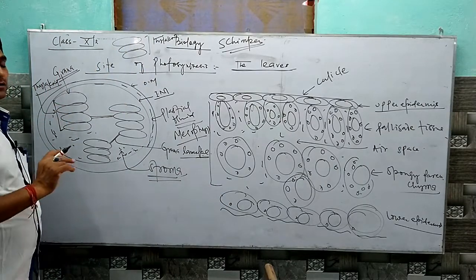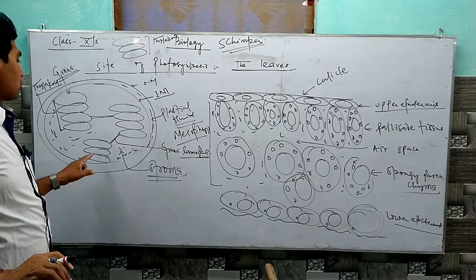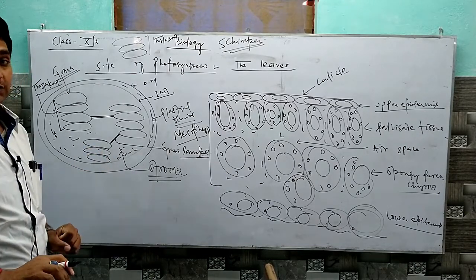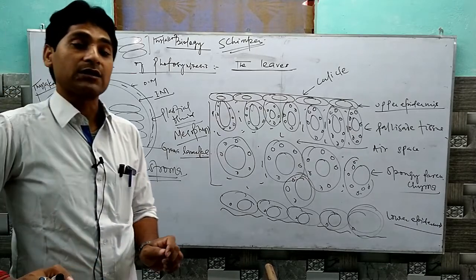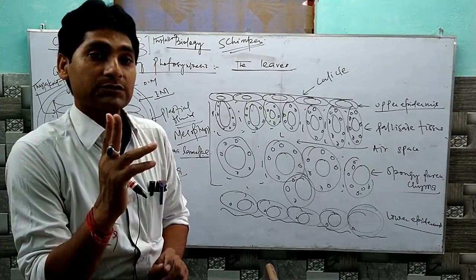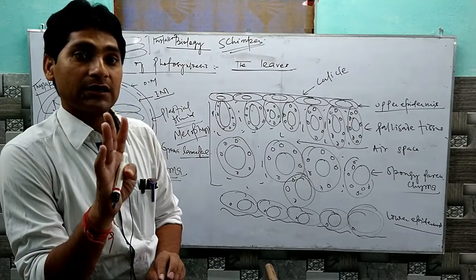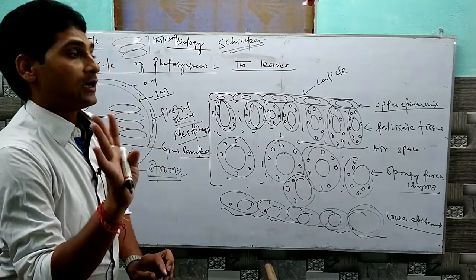In grana, the light phase of photosynthesis occurs. In stroma, the dark phase of photosynthesis occurs. Dark phase and light phase are the two important phases of photosynthesis that occur in plants.